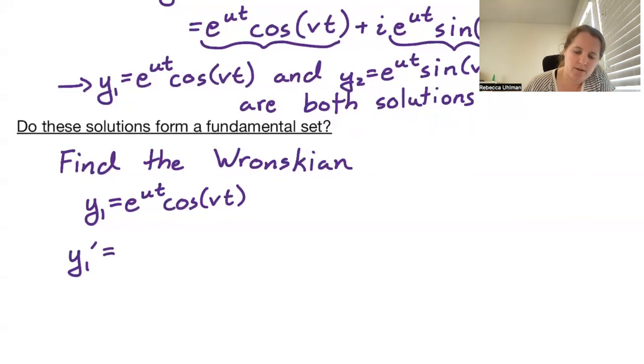This is equal to u e to the ut cosine of vt minus v e to the ut sine of vt.